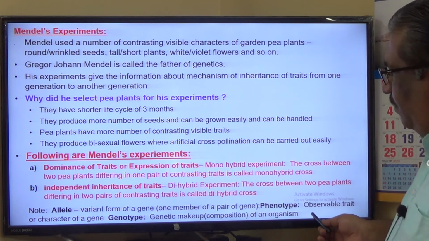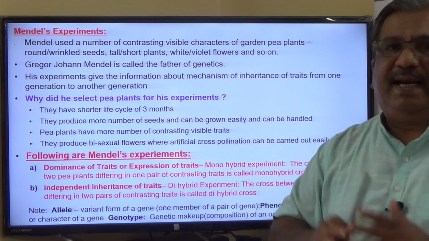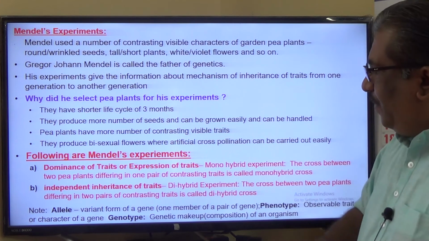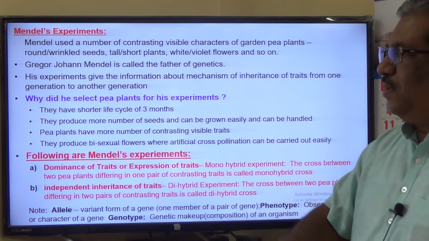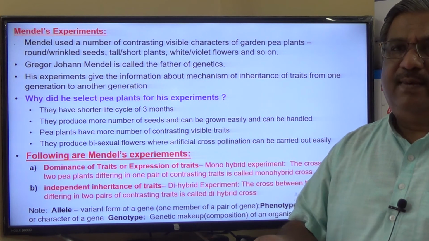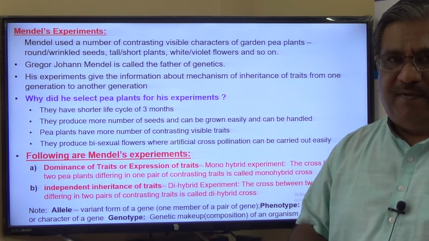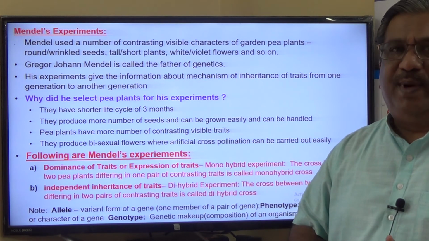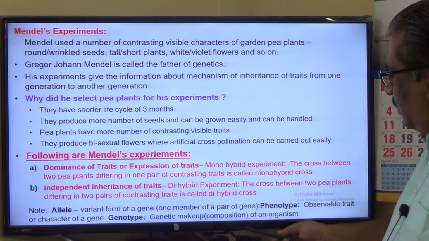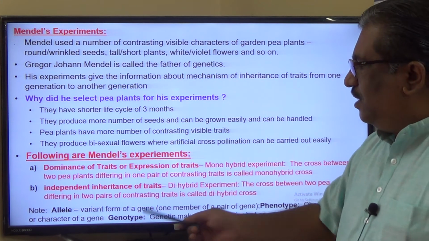So phenotype refers to the visible or observable character of a particular gene. What is a genotype? Genotype is the genetic combination, what combination of genes the organism is made up of. So the genetic composition of an organism is called a genotype.